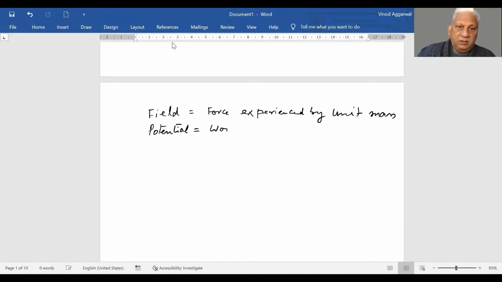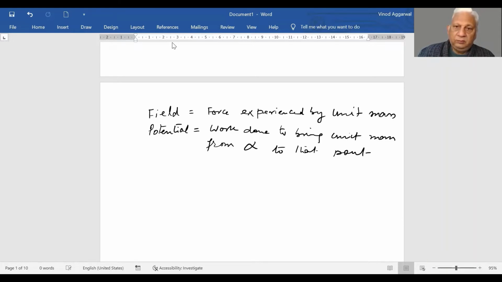It is the work done to bring unit mass from infinity to that point, right? So field is a force, whereas potential is the energy possessed.